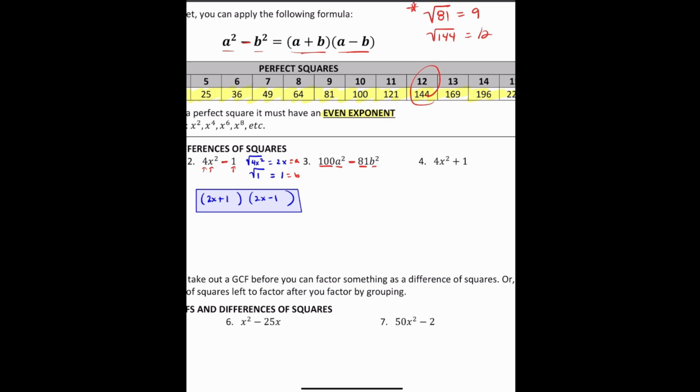So let's take the square root of 100a to the second power. The square root of 100 is 10, and the square root of a to the second power is just a. And then the square root of 81b to the second, the square root of 81 is 9, and the square root of b to the second is b. So here's my a, and here's my b.